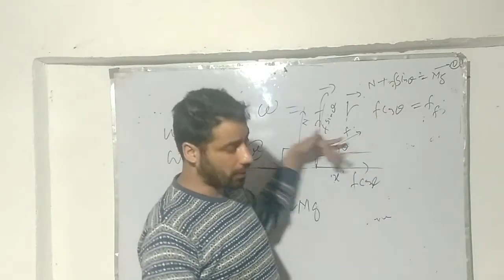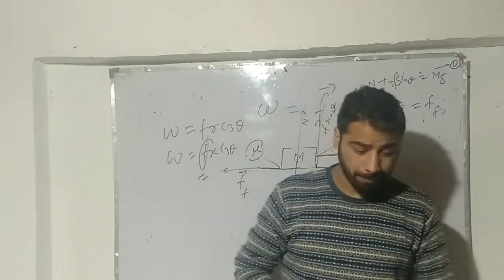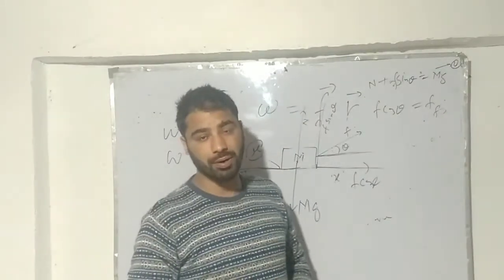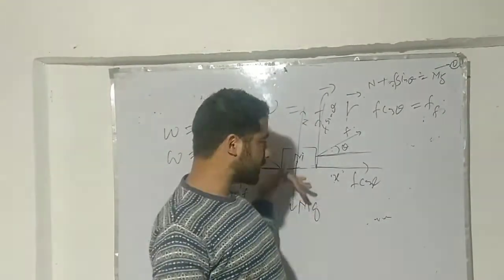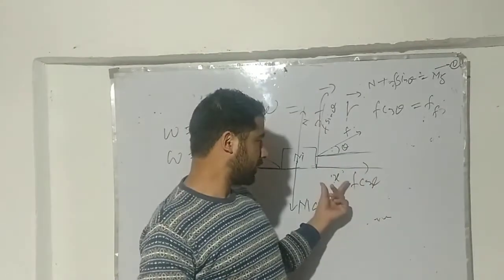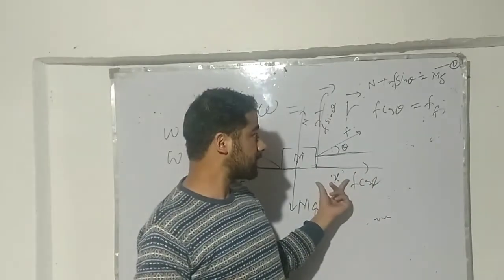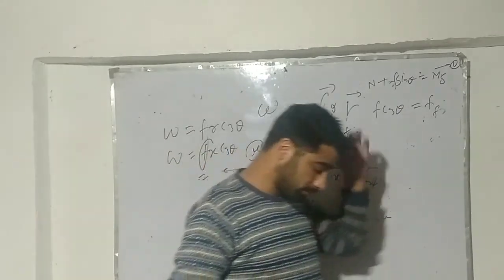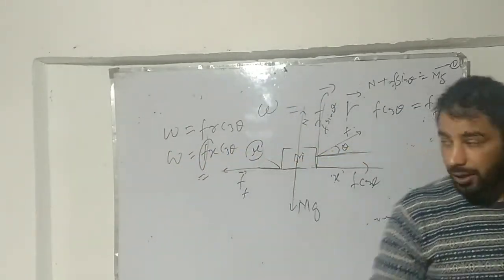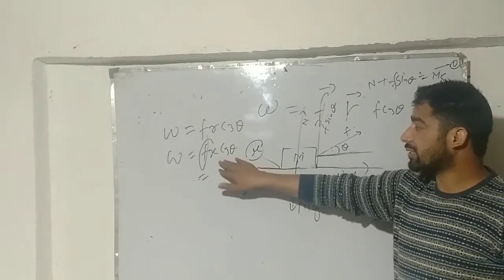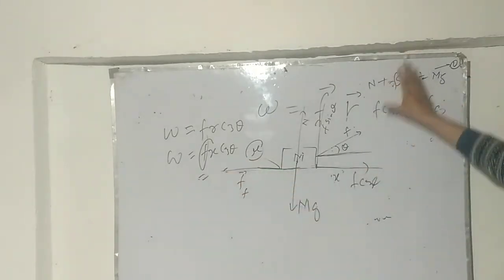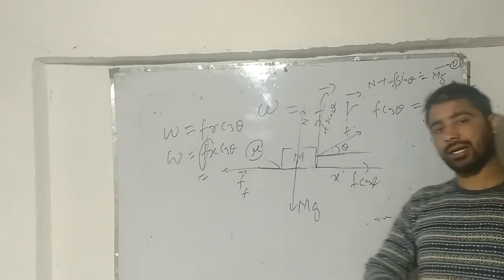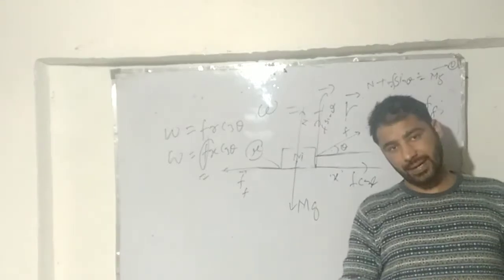The condition will be the same, but I am just proposing the same thing using a different statement. If my block moves with a uniform velocity on this rough surface and achieves a displacement x, how much work is done by the applied force F here? For that, I am using the same equation, but it will give us a good understanding this way.